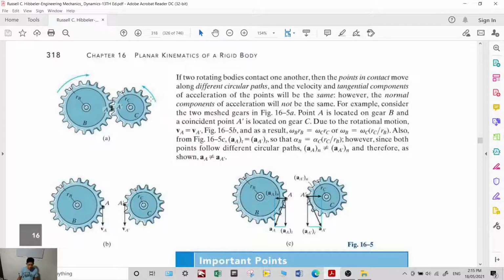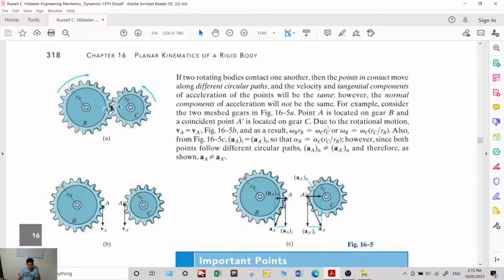Kaning gears C and B, unsay ang the same nila is the same sila og velocity. Now the same og velocity. Remember that velocity is omega r, right? Therefore, omega b r sub b is just equal to omega c r sub c.